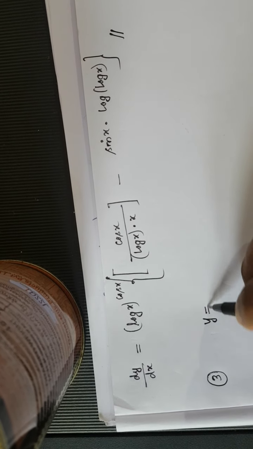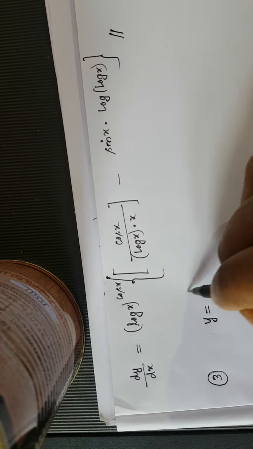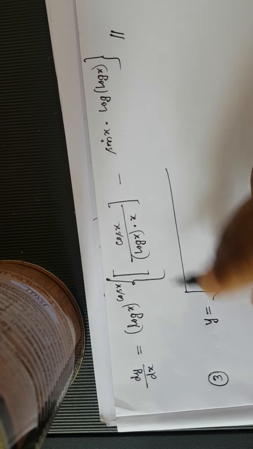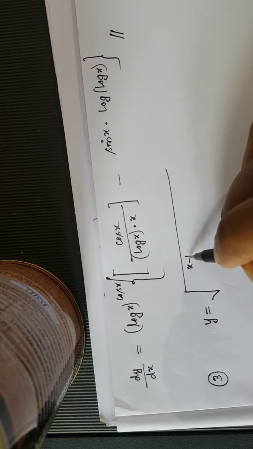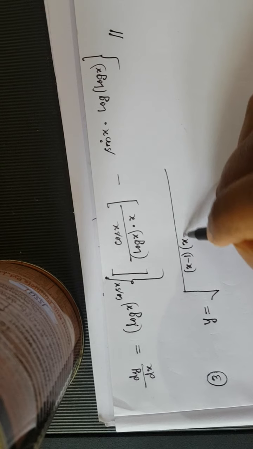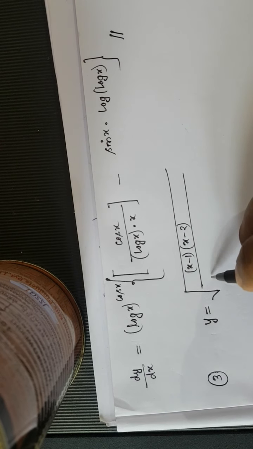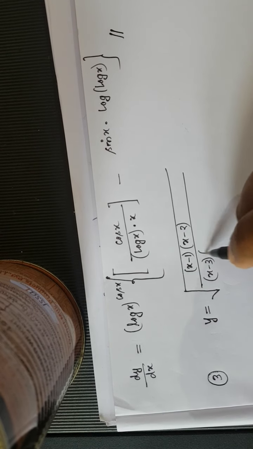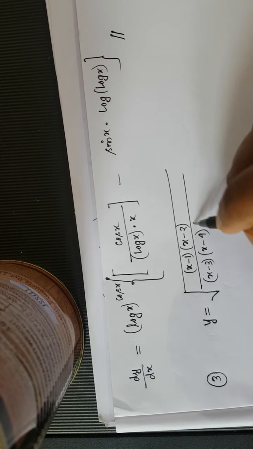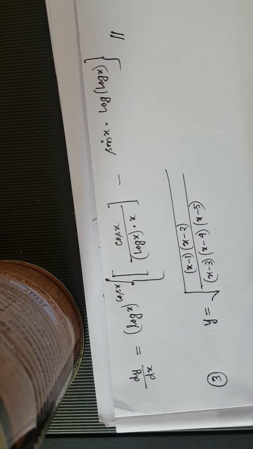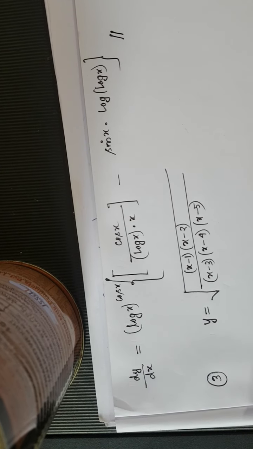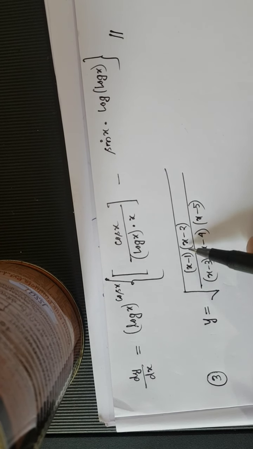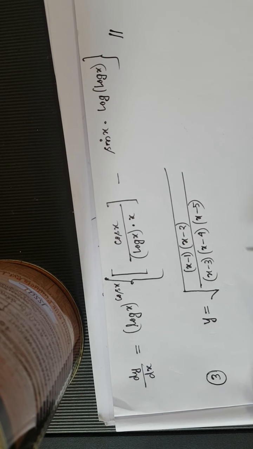Number 3. y is equal to square root of, this is an important question, (x minus 1)(x minus 2) divided by (x minus 3)(x minus 4)(x minus 5). This is product, this is division. Now there are more than two functions, so we'll take logarithm.